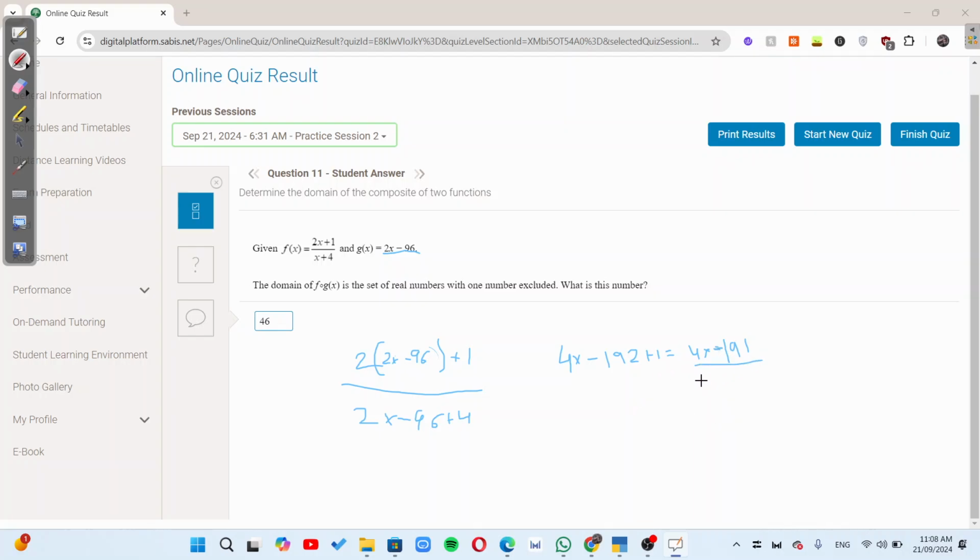Over 2x minus 92, because negative 96 plus 4 is negative 92.